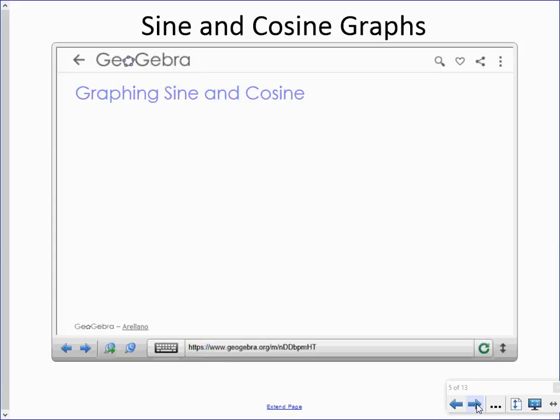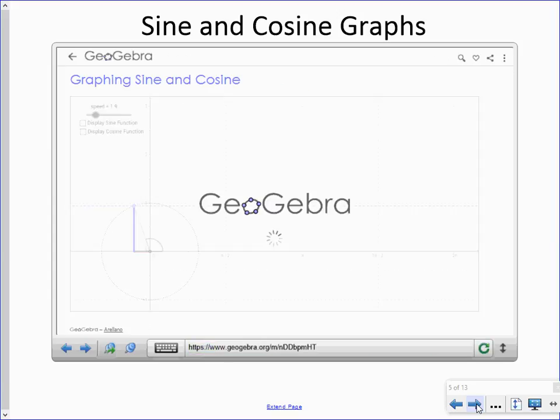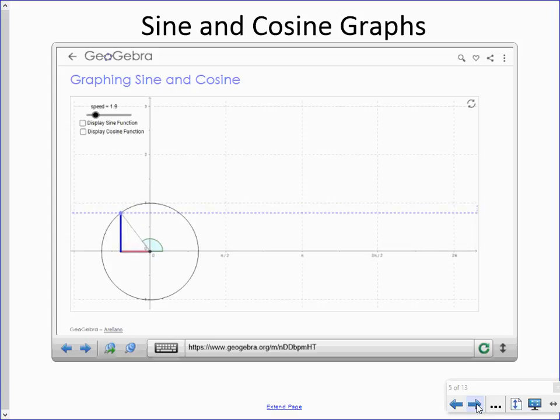Okay. So now I'm going to change it over to a visual so you can actually see what the graphs are going to look like. And we're going to be plotting infinitely many points to make our curve. So what I have up there on the screen, and I know it's hard to see, we've got a unit circle with radius 1. And a point is moving around the outside of the unit circle and has an xy ordered pair everywhere.